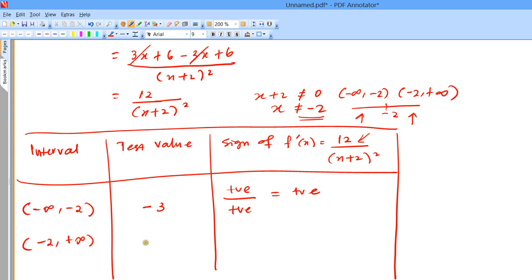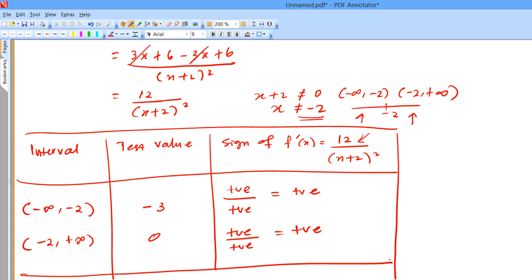We can choose x equal to 0, and the numerator is positive, the denominator is also positive, equal to positive sign. So based on the sign of f prime, since the first interval is positive and the second interval is positive, there is no extremum.